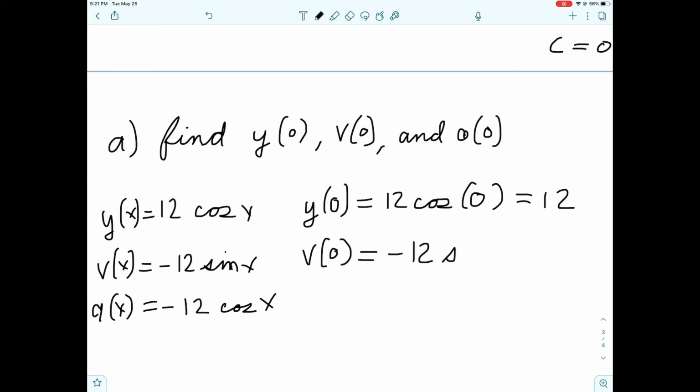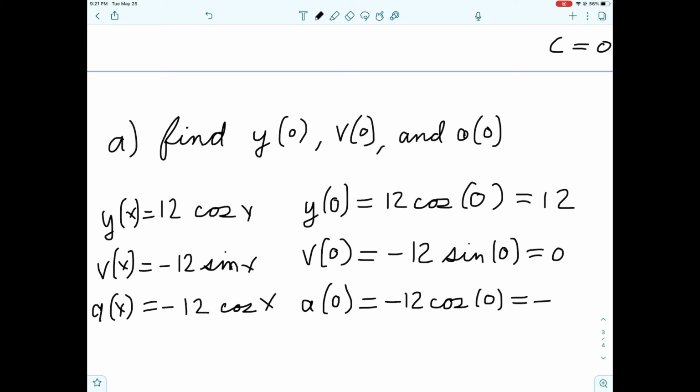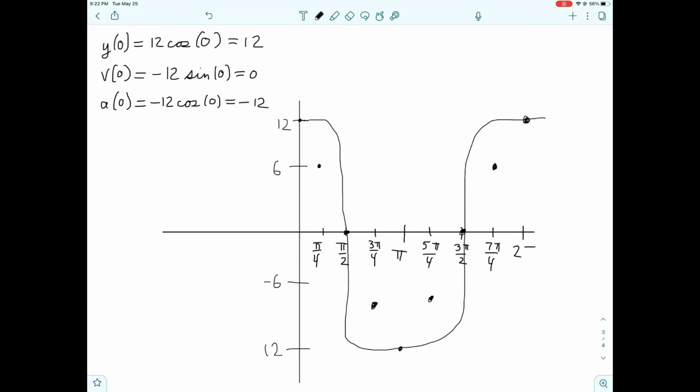Velocity at 0, at time 0, is going to equal negative 12 sine of 0, and we'll find out that that is just equal to 0 because sine of 0 is 0. And then finally, acceleration at time 0 is negative 12 cosine of 0, which is negative 12, again, because cosine of 0 is 1. So now we're just going to do some graph analyzation here.